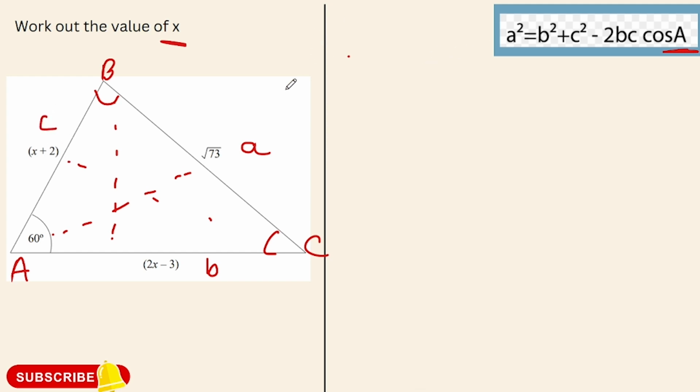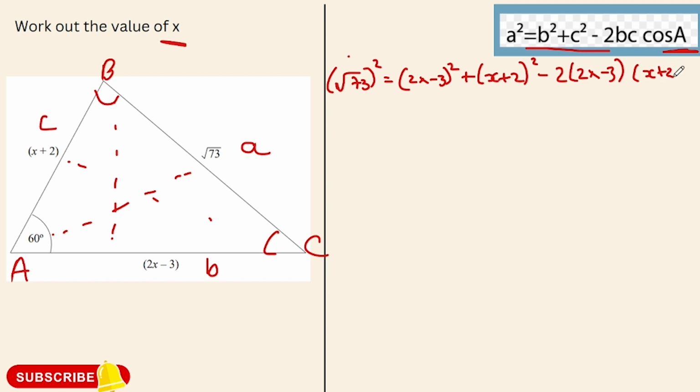Okay, so the next thing I need to do is just substitute values into this formula over here. So I can see that my a squared is root 73. So I'll have root 73 squared, because it's squared over here, is equal to b, which is 2x minus 3, plus x plus 2 squared minus 2 times 2x minus 3 and x plus 2 times cos 60.